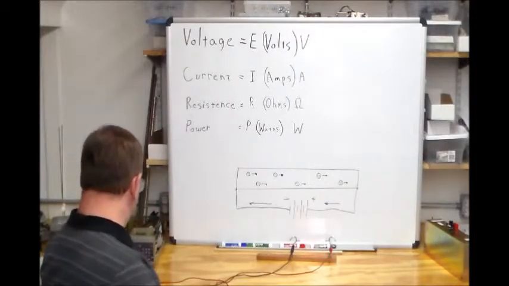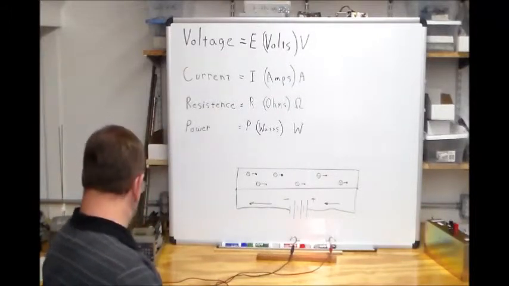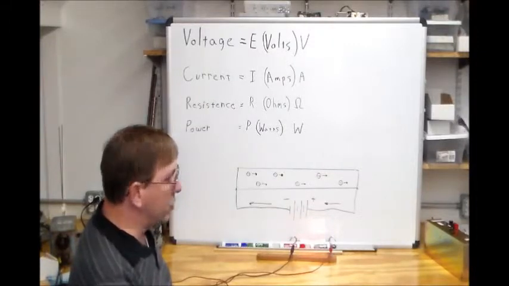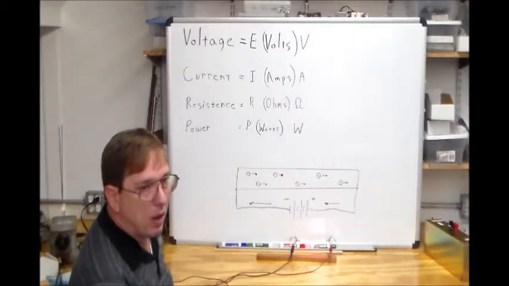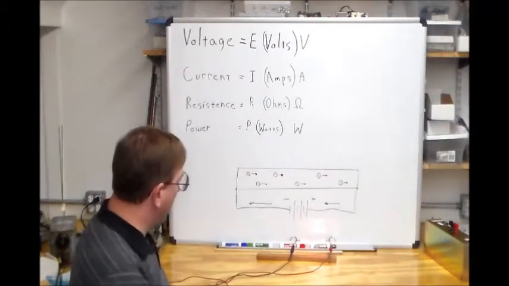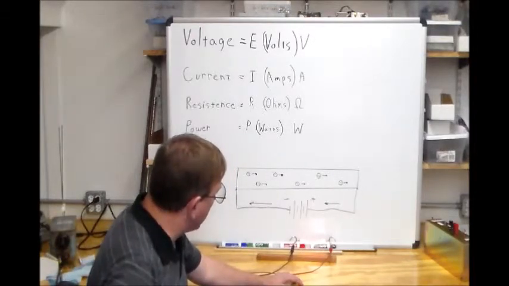In this case we have 7.4 amps flowing across, and we have 10 volts. What you can learn a little bit later on is that if you multiply voltage times current, you get the power in watts. So this is roughly 75 watts of heat being given off by this wire.